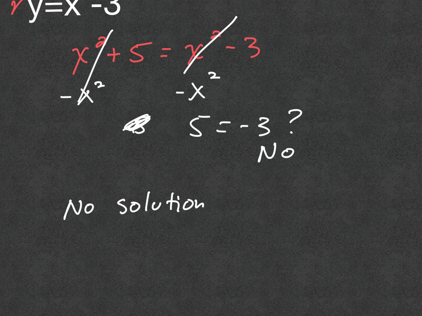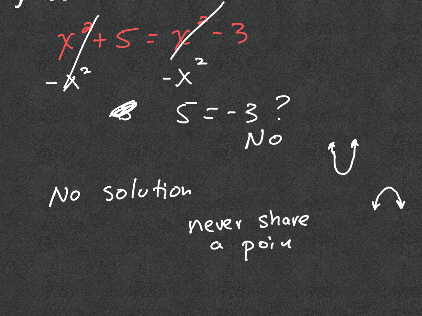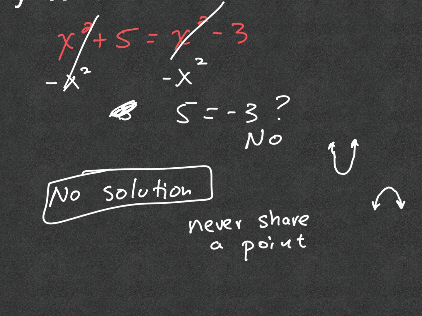How could that happen? You could have a parabola someplace, and you can have a parabola someplace else, and they never share a point. And that means no solution. Great. Okay. Now, in the next video, I'm probably going to expand on this a little bit more, so it makes a little bit more sense.